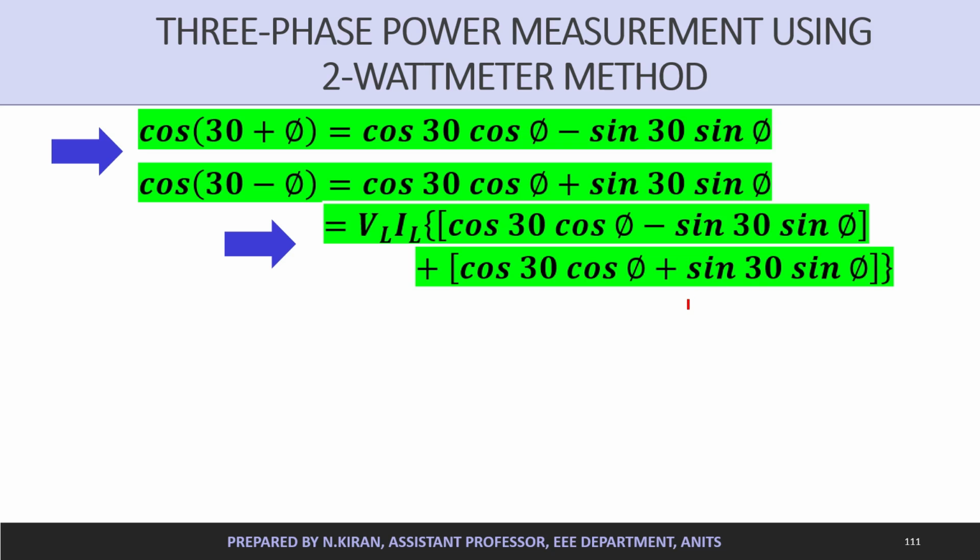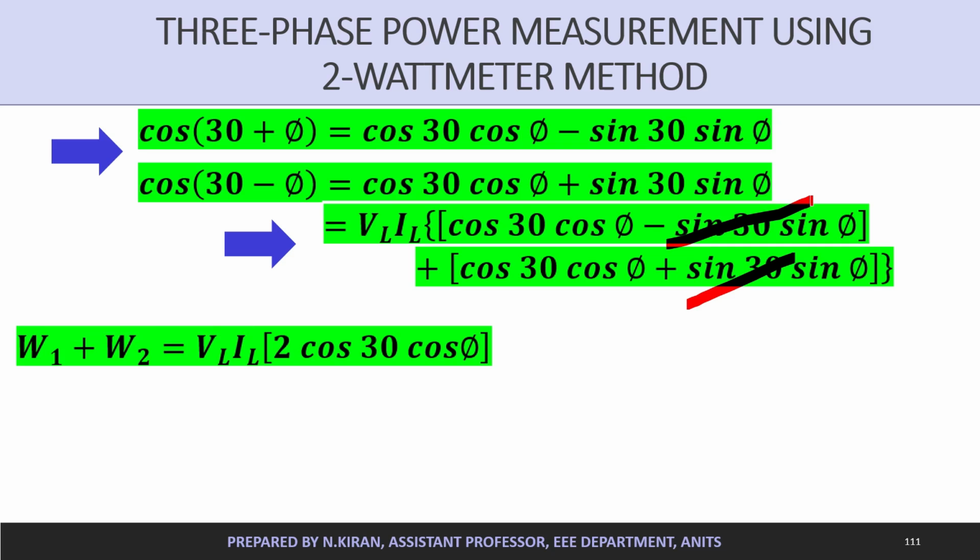Here both the sine terms get cancelled, so I'll be left with VLIL into 2 cos 30 cos phi.